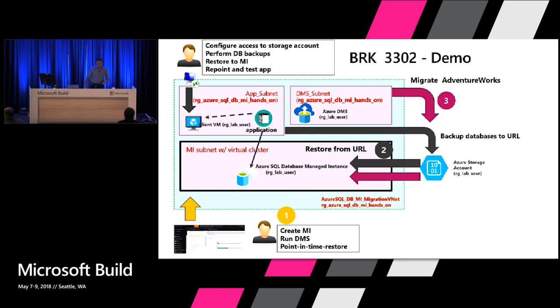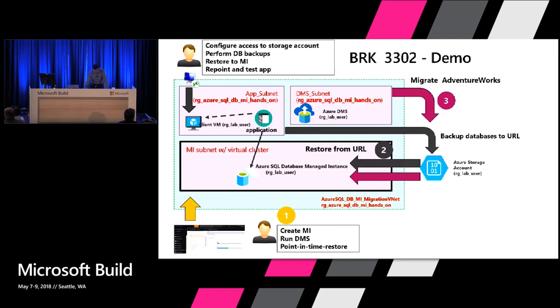And the third thing is that I'm going to run the DMS migration and show you how you can easily migrate at scale using the highly available service in the cloud, right? What is important here is that the Azure Storage that we deployed is used as a connectivity point between the SQL running on the virtual machine and the managed instance, because in order to be able to restore in managed instance, that backup needs to be placed on remote storage.